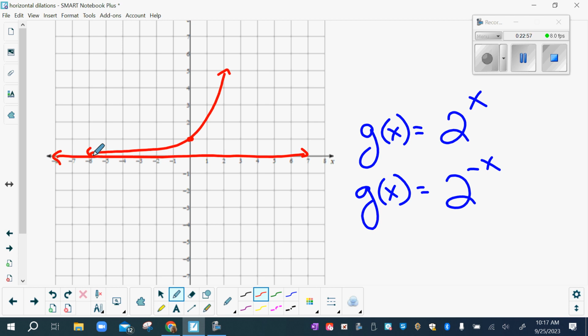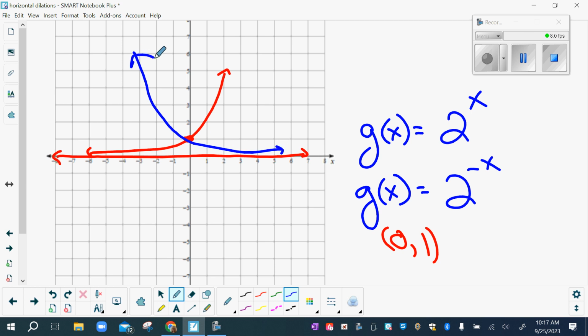It will make kind of a cool little X. And remember, on this one, our important point is going to be 0, 1. That's our vertex. That's our important part. So here's what he looks like when I flip him. Like that.